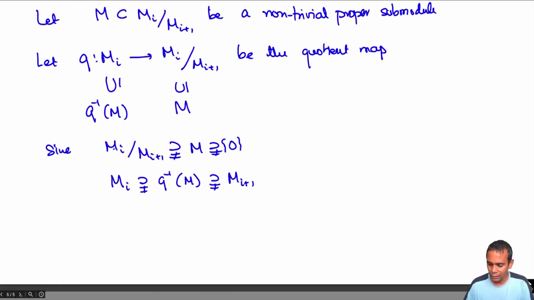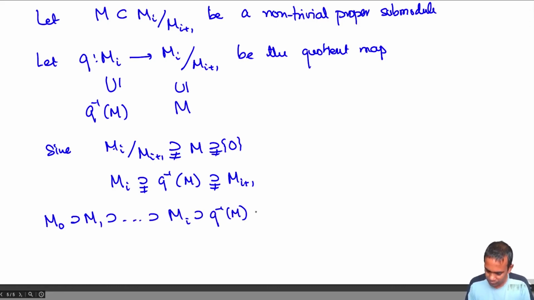So now you can write down a strict refinement, which is M_0 contains M_1 contains and then you take M_i, and then you insert this new term Q inverse M in between, and then M_{i+1} up to M_n is a strict refinement.